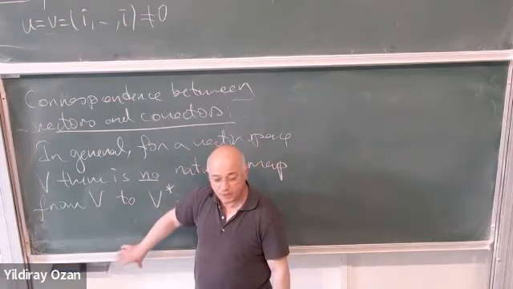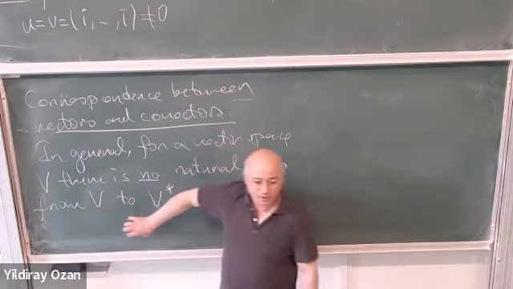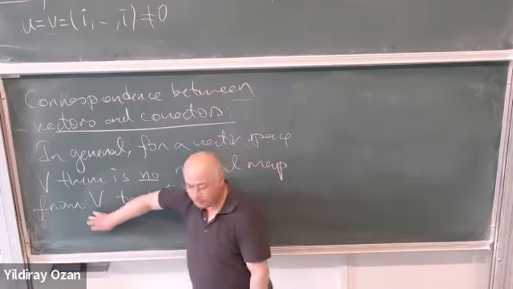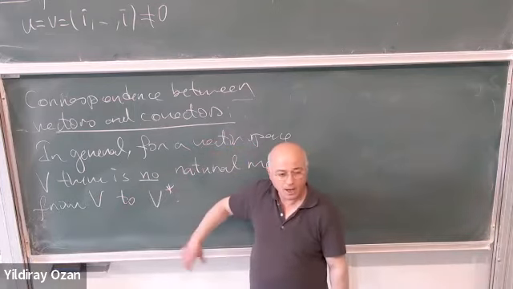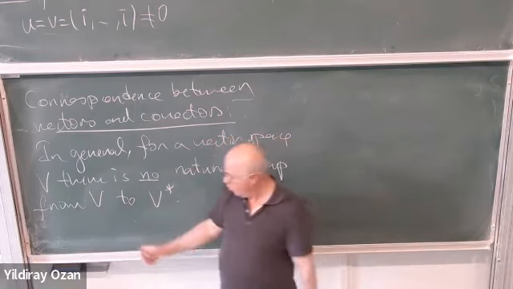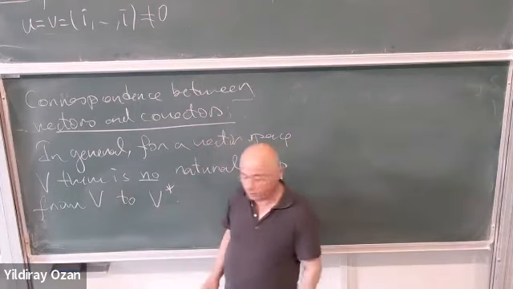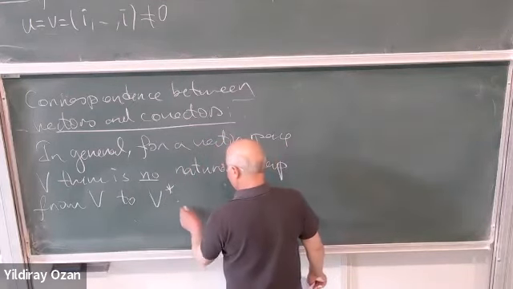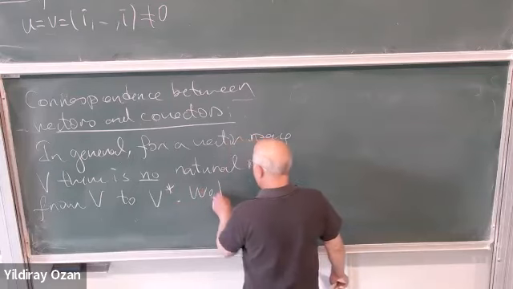So if I am given a basis, then I can find a correspondence between these two spaces. Just send that basis to the dual basis, and then you can use that correspondence to obtain a map from V to V star. We have seen that.